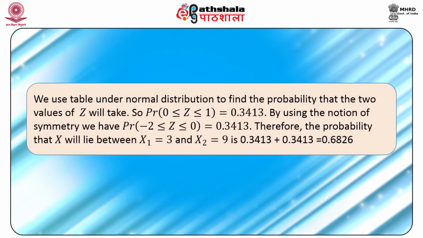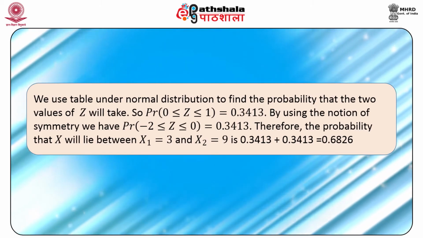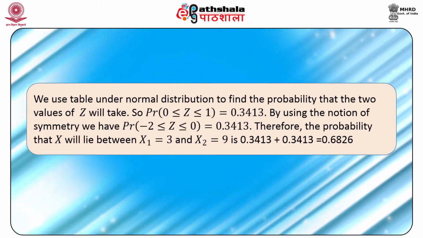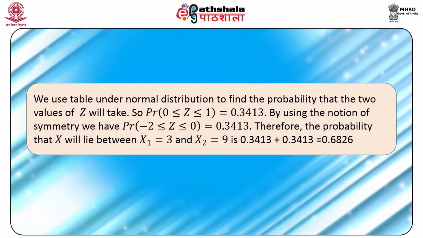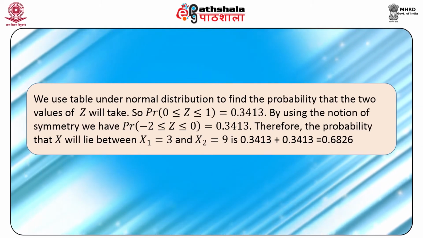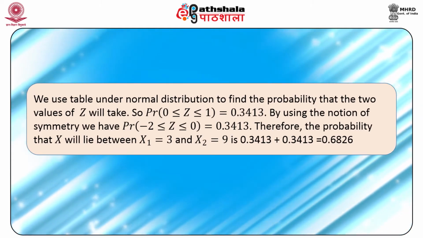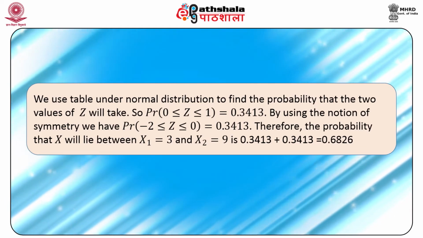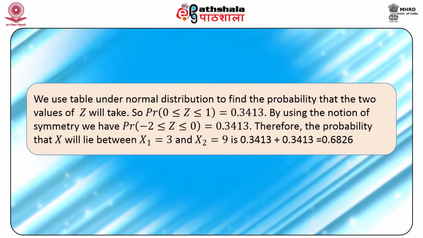Now we use the table for normal distribution to find the probabilities that the two values of z will take. So the probability of z between 0 and 1 is equal to 0.3413. By using the notion of symmetry, we have the probability of z greater than or equal to -1 and less than or equal to 0 is equal to 0.3413.